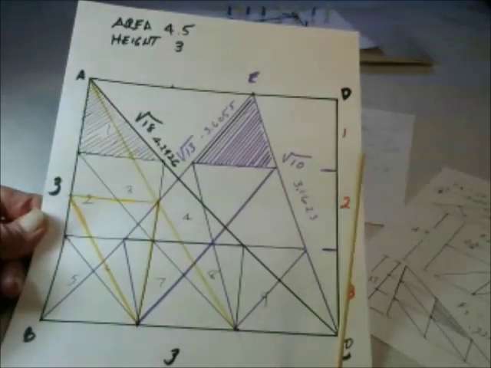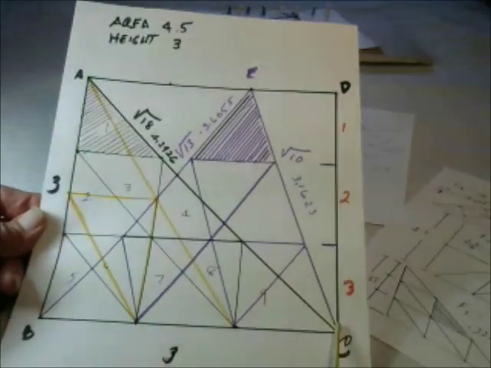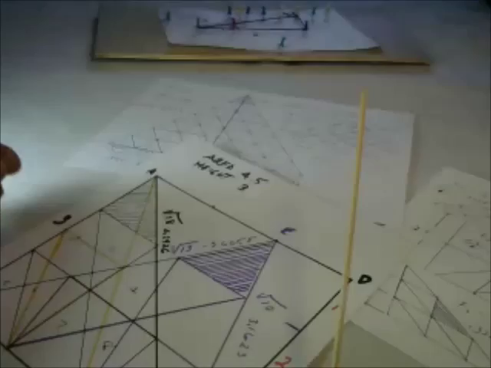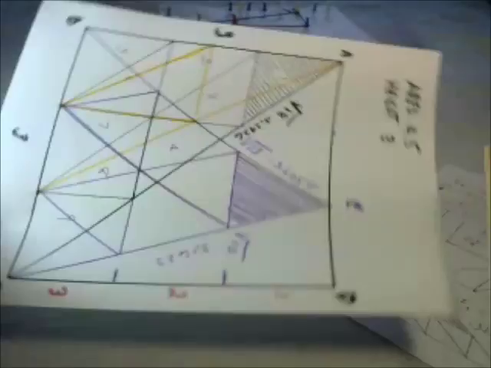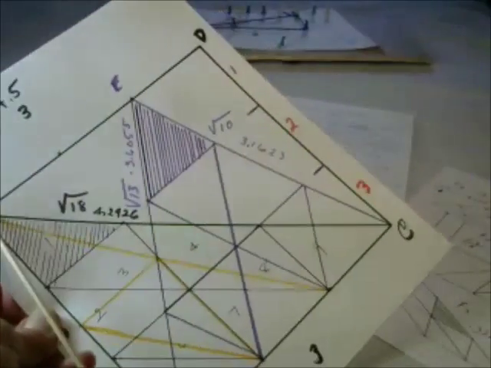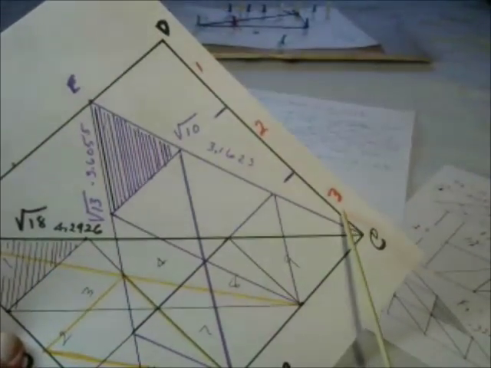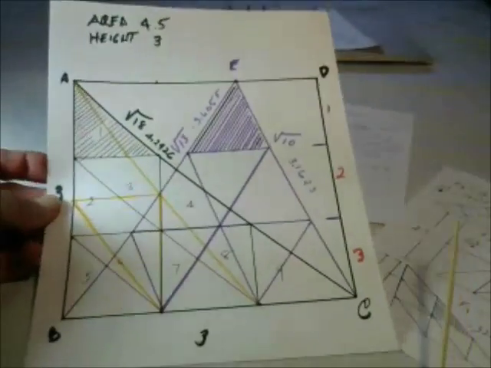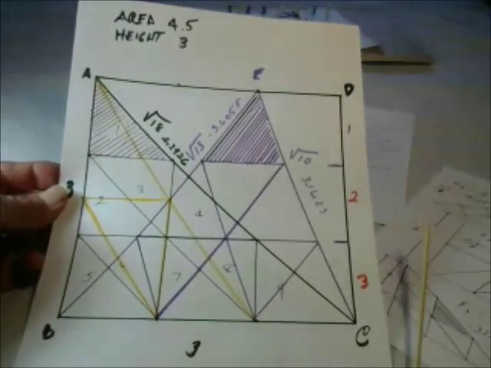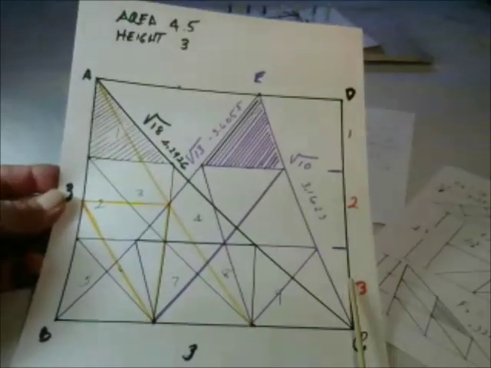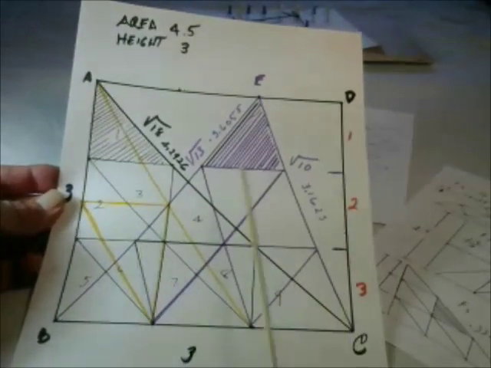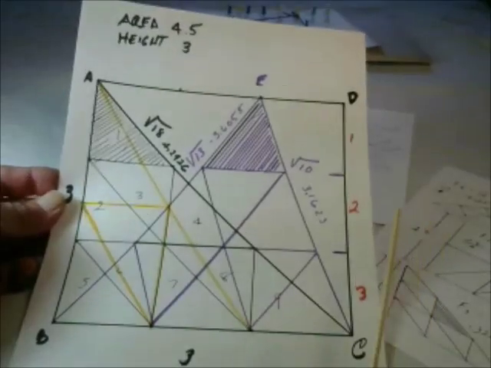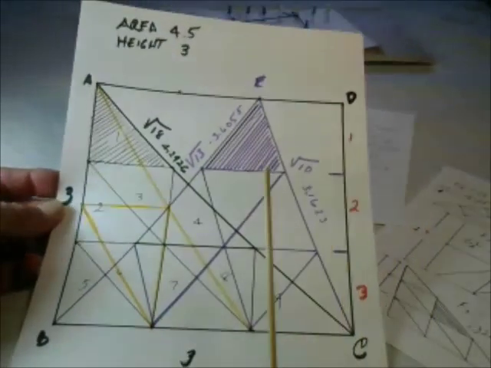Here we have two isosceles right triangles. Here's one right here, and here's one right here. Now, our tendency in math and in life is to say that we have a square and that we put a diagonal across the square to make two triangles. But really, that's not correct thinking from our perspective.